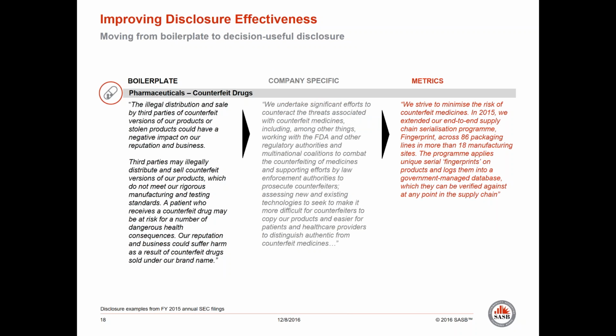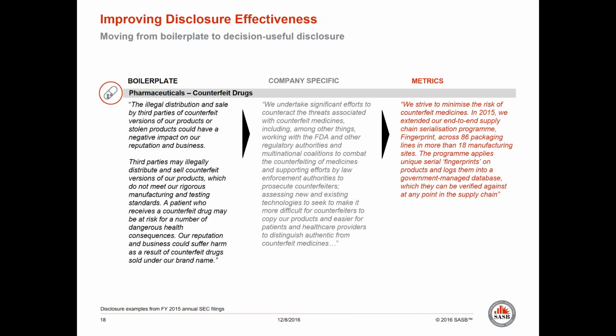And sticking with the same issue of counterfeit drugs, this slide demonstrates 3 different examples of the current state of disclosure from 2015 SEC filings, and these are from real companies, and you can see the difference. On the left-hand side, we have an example of a company that would be using what we consider to be boilerplate disclosure, and really, in this example, you wouldn't even necessarily be able to tell that the company is selling pharmaceuticals.